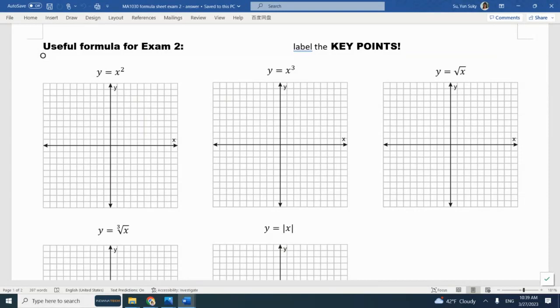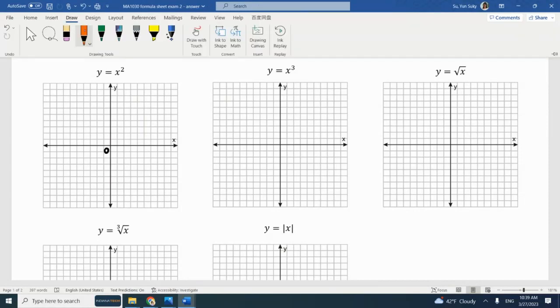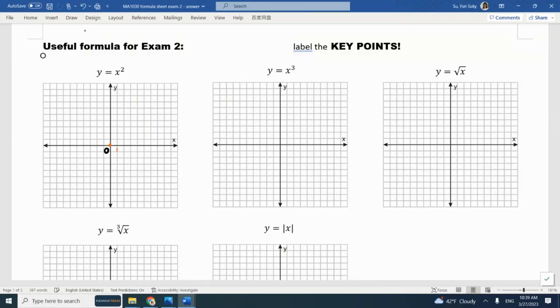Okay. Now, not only do we need the shape, but also the key points. Label the key points. So for x squared, what are the key points? (0, 0), (1, 1), (2, 4).